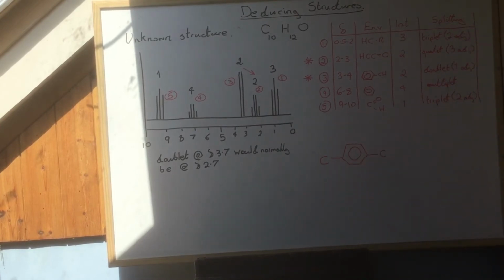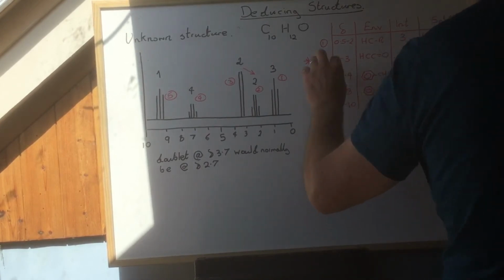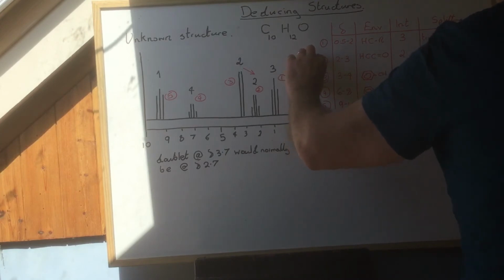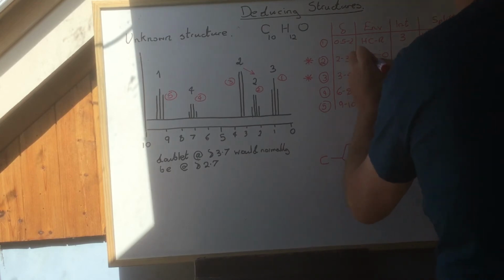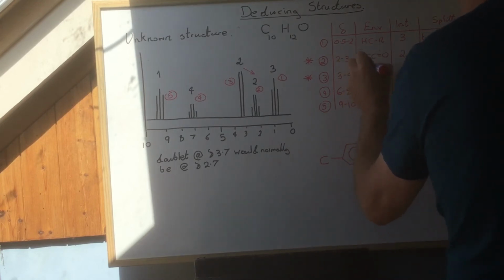Now, the backup to that is this. If it's di-substituted, this immediately gives me this region here. Now, it appears that I've got 2 protons in a region that could be down to that or that. So it's almost like lumping them together.